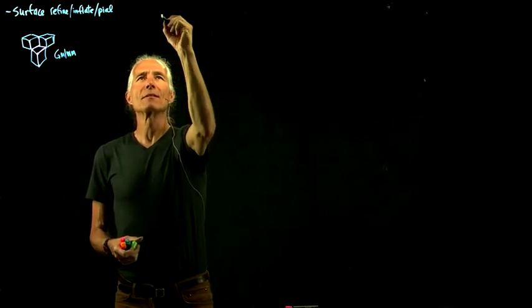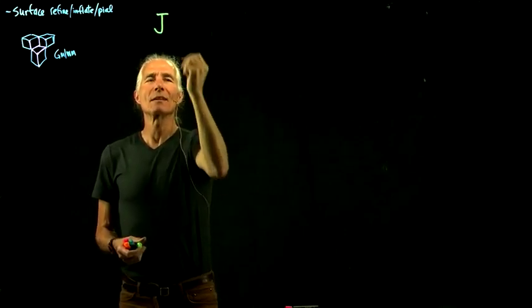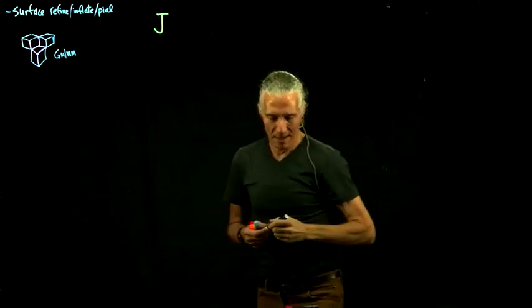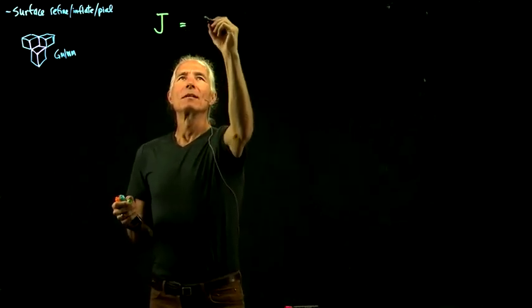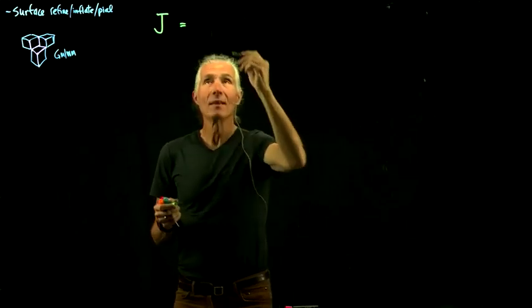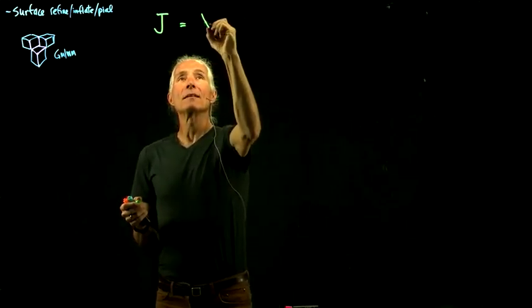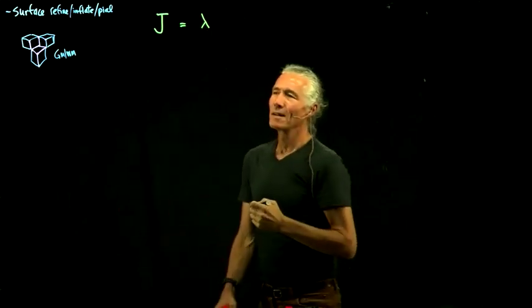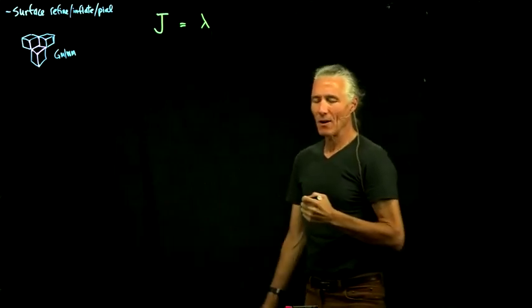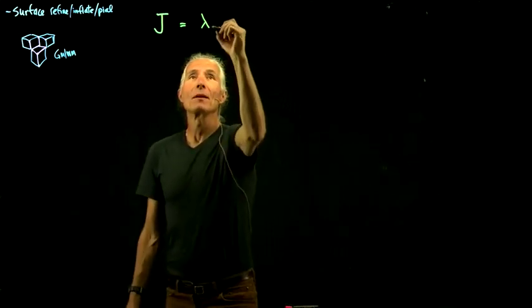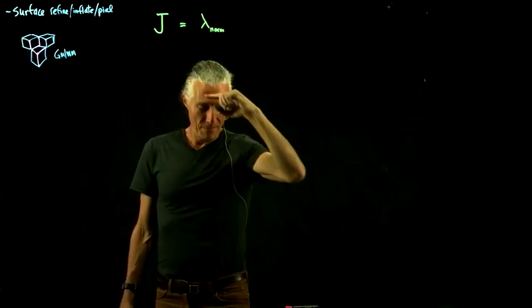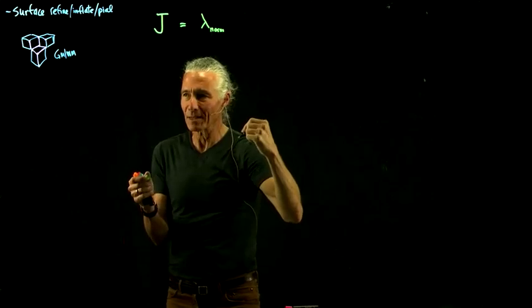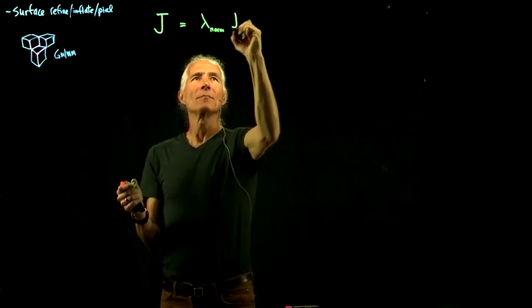So a single number J. That's the total error, and that's going to equal this lambda, which is just a weight, like how much we should pay attention to the normal error, times the normal error.